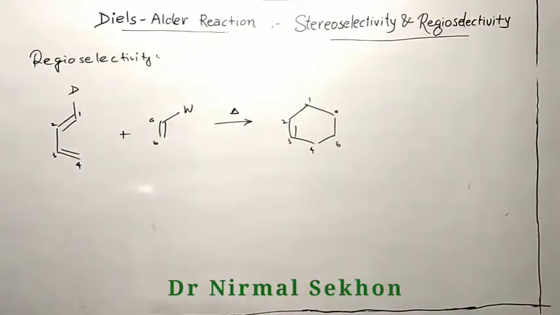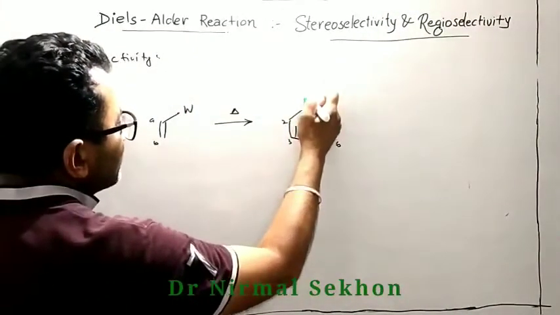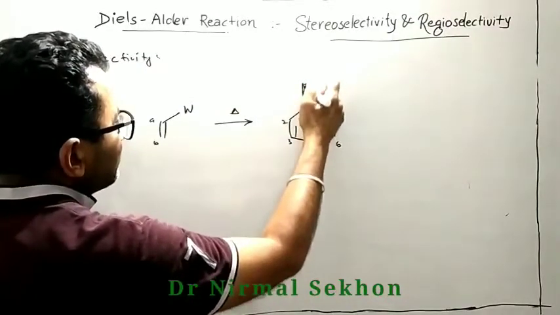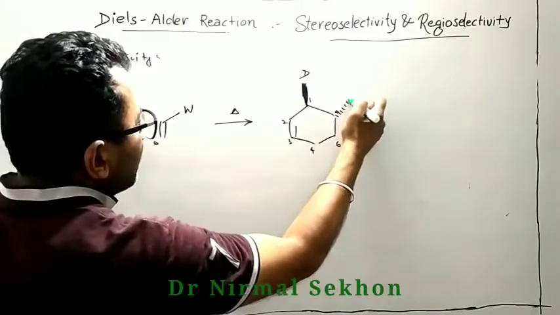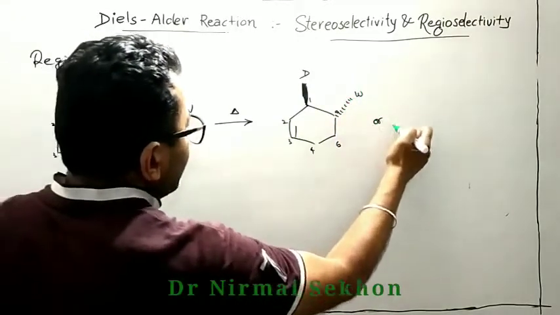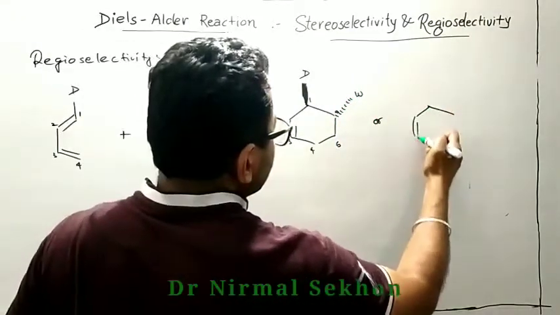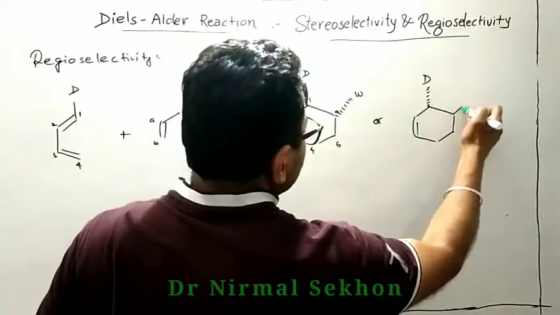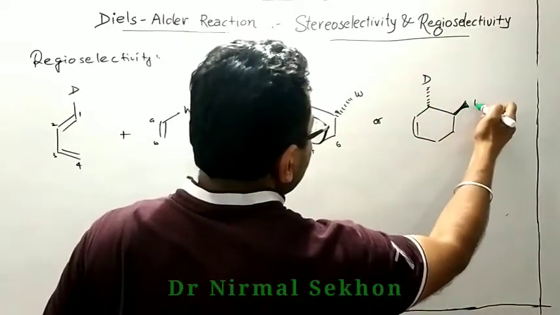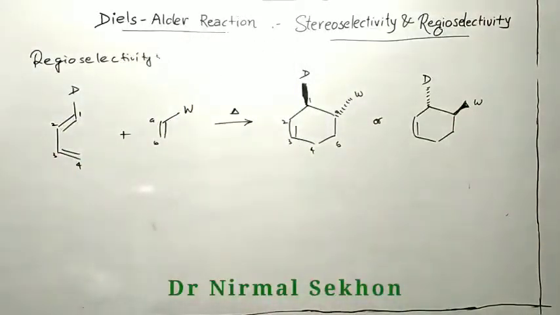So if you make D above the plane, then you have to draw W below the plane, or you can draw it like this, with this below the plane and this above the plane. So these two isomers are formed.